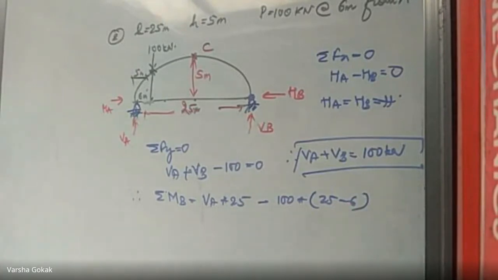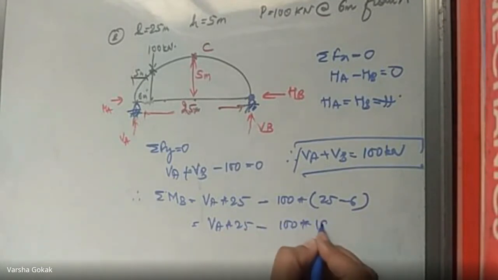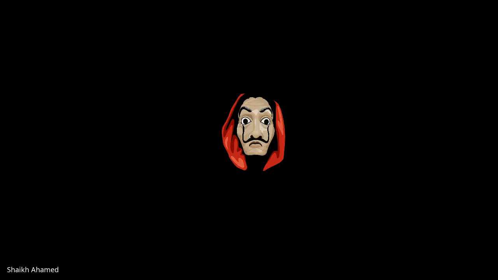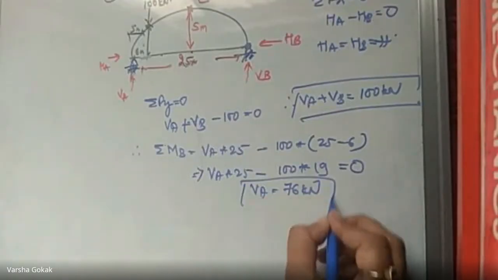How much is 25 minus 6? 19. Correct. So VA into 25 minus 100 into 19 is equal to 0. From here you get the value of VA. How much is the value of VA, please? 76. You get 76 kilonewtons as VA.